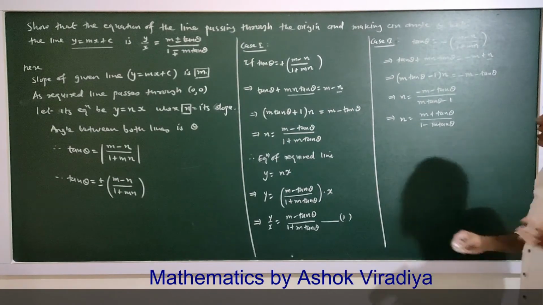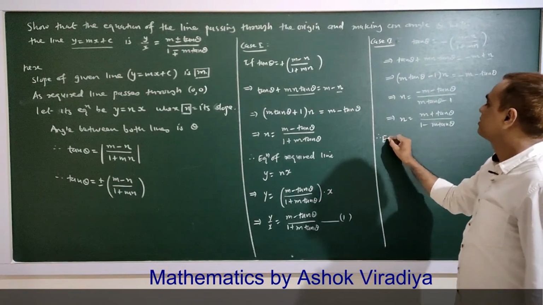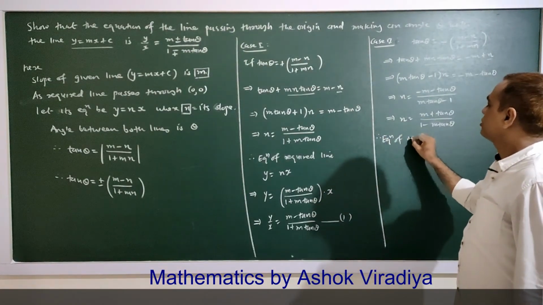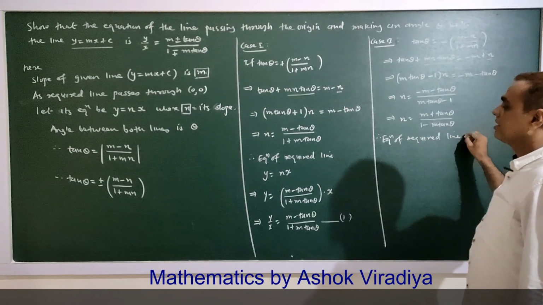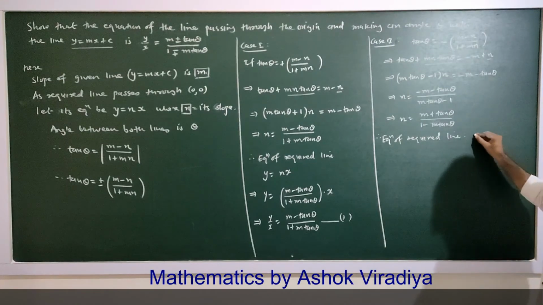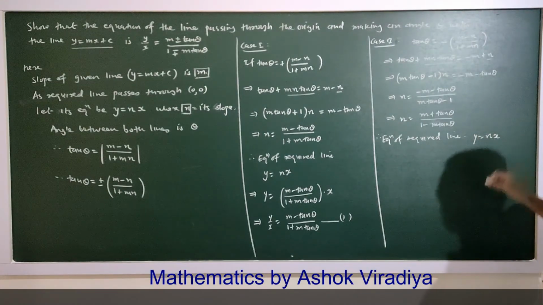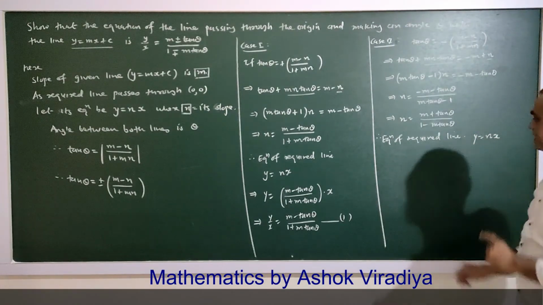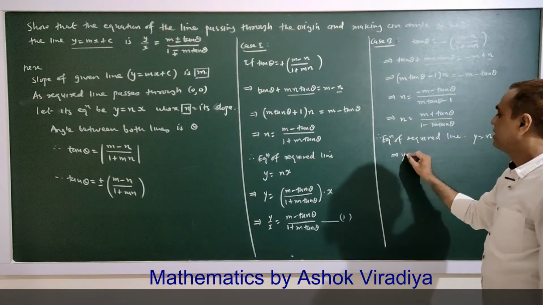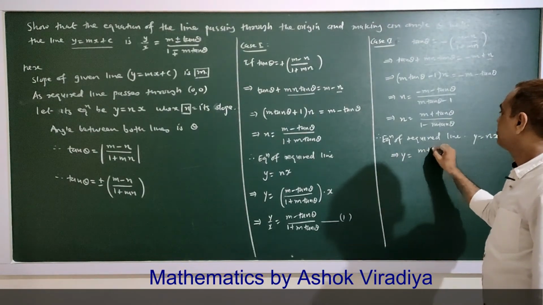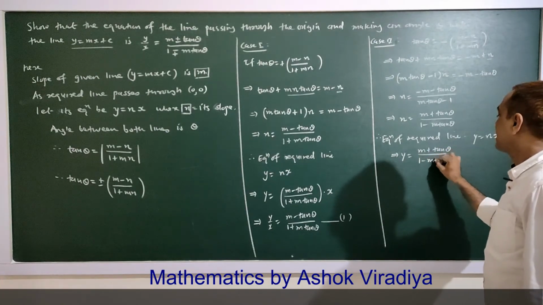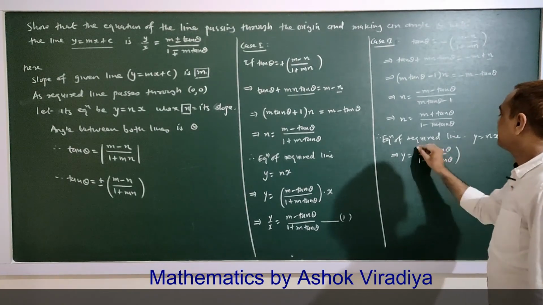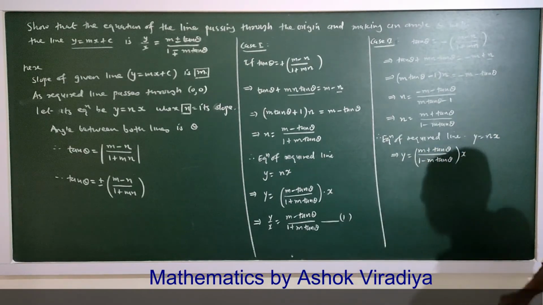So equation of required line, therefore, y equal to nx, putting here value of n, y equal to m plus tan theta upon 1 minus m tan theta into x.